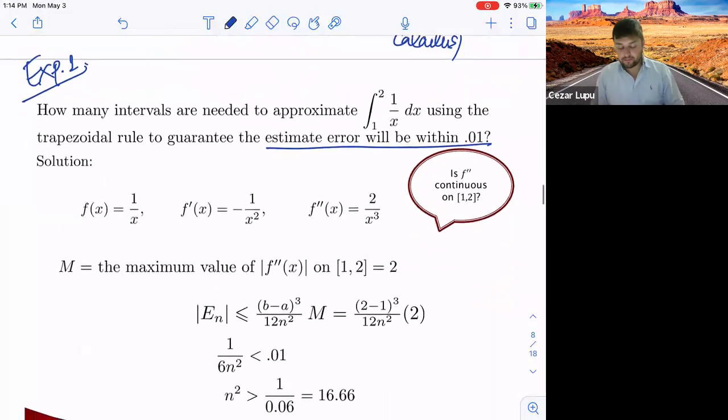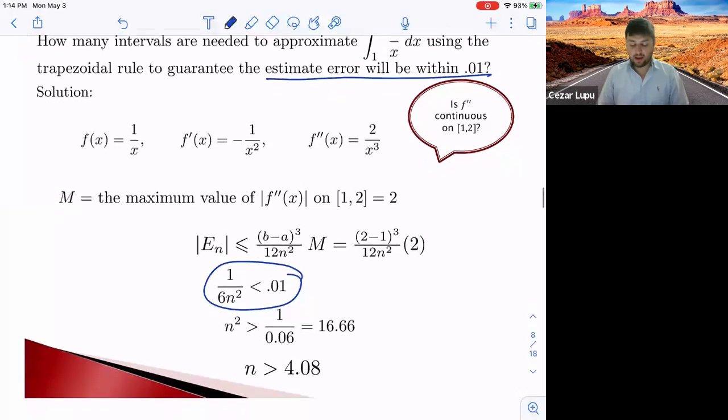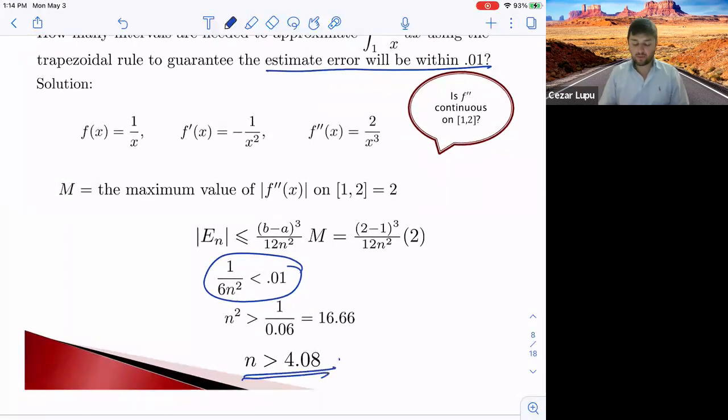Great. Then I just need to solve this inequality, and once I do this, I'll get that n has to be greater than something like 4.08. Anyway, this is just algebra. You guys can do it by yourself as well. All right, let's see. Any questions about this example?